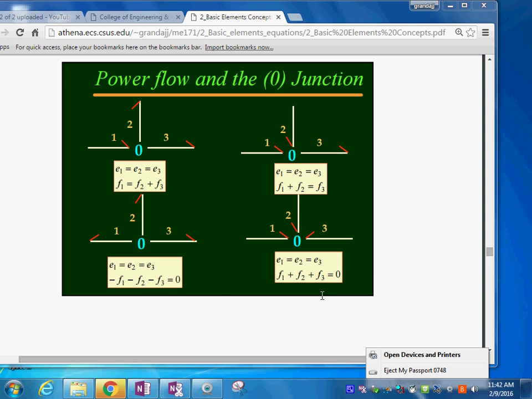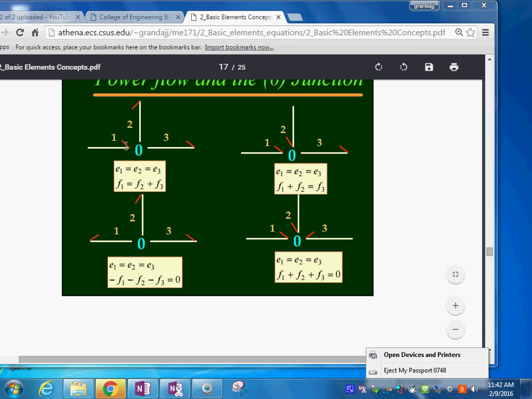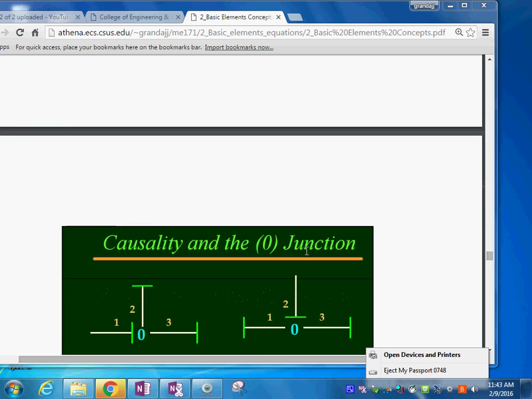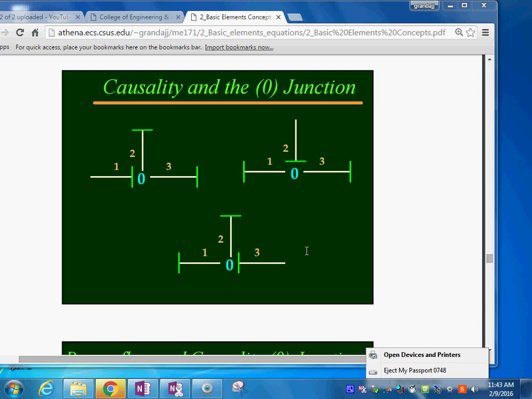This is the conclusion of the zero junctions. It's a common effort junction. All the efforts are the same. The sum of all the flows equals 0. There can only be one bond that sets the effort to all the others.